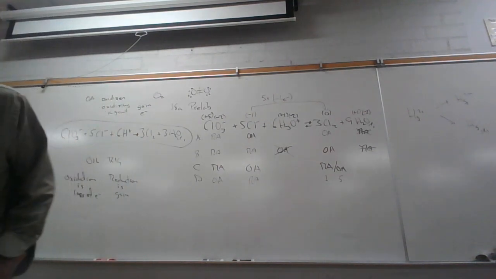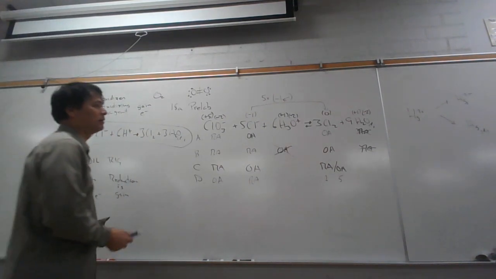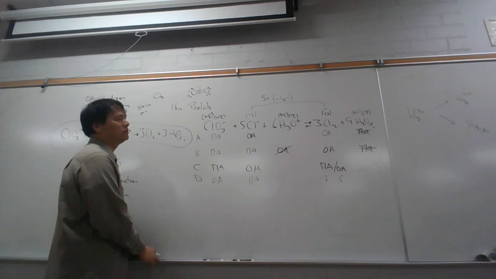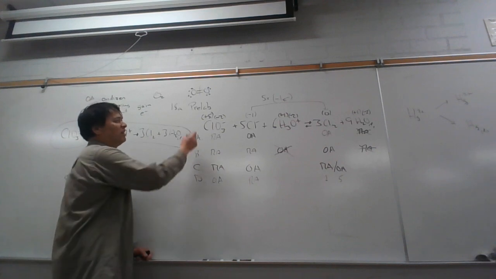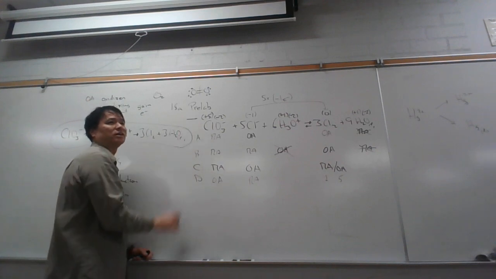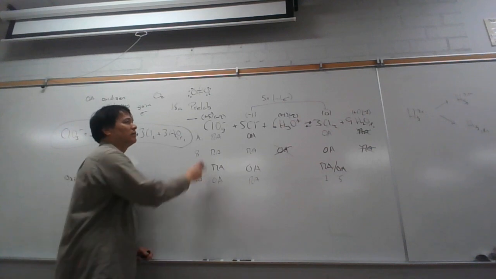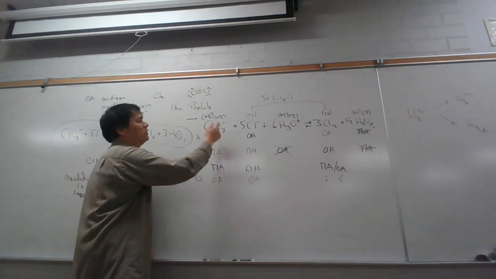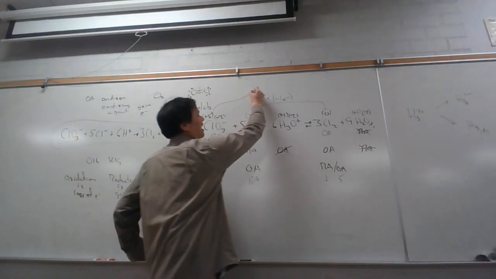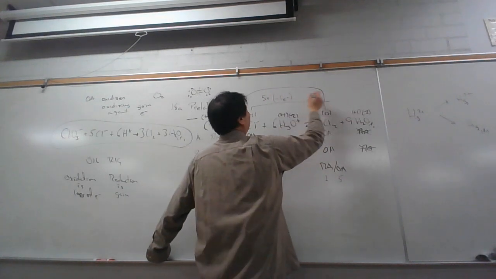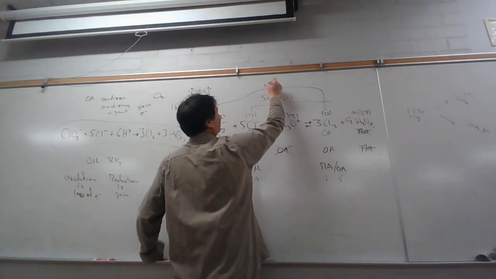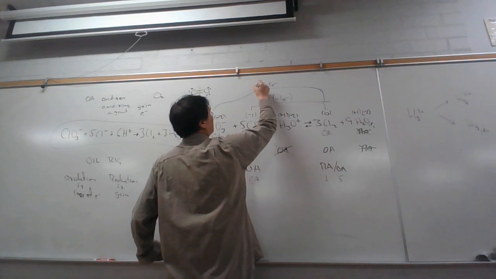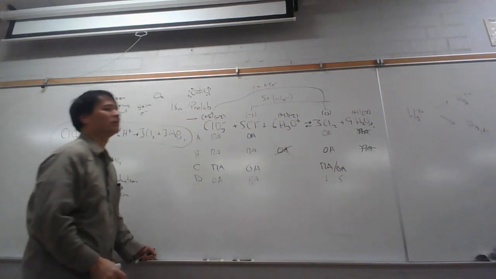All right, so we'll just shorten the method. If you want to do this quickly, the first thing you have to do is write the oxidation states. And then you have to determine who gains and who loses. To go from +5 to 0, this had to gain 5 electrons. And we only have 1 of them, so it's 1 times 5 electrons.